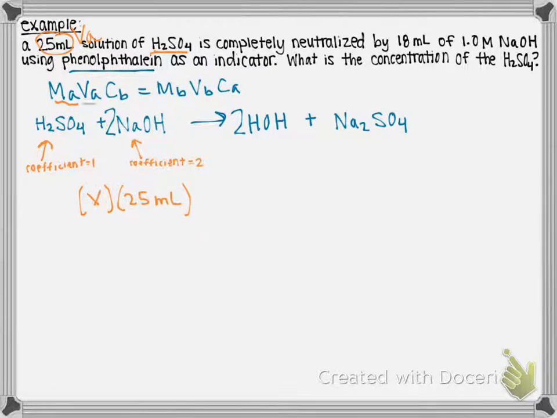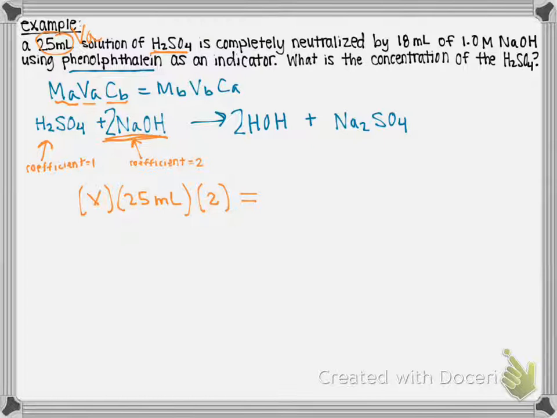And next part of the equation is coefficient of the base. So you have to look at your balanced equation. The coefficient of your base is 2. So molarity of the acid, volume of the acid, coefficient of the base equals molarity of the base.